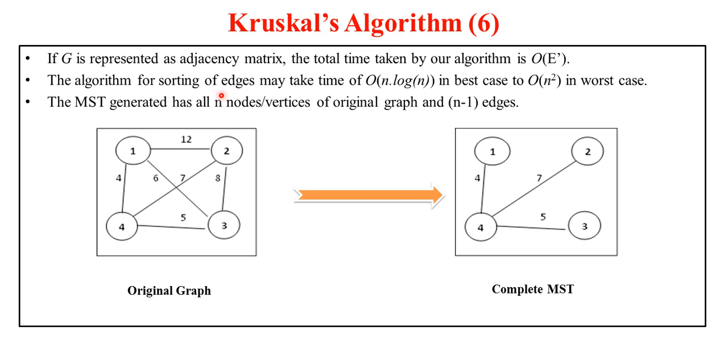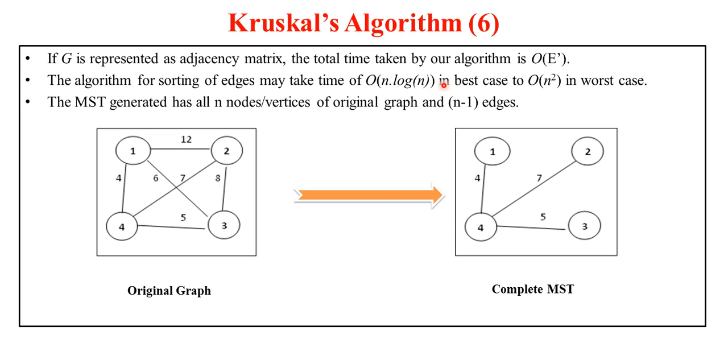Now the prerequisite for this to work is that we should already sort the edges of the graph. Sorting may take big O of n log n in the best case, or big O of n square in the worst case.